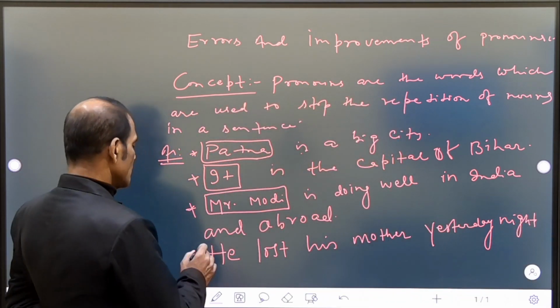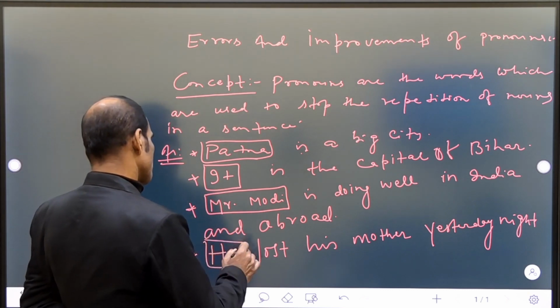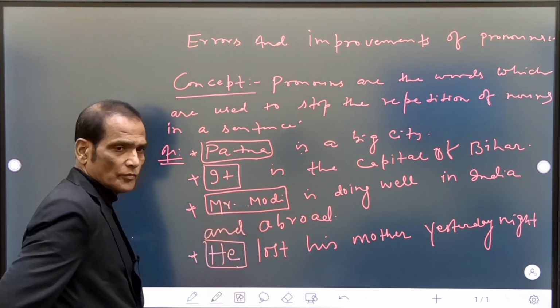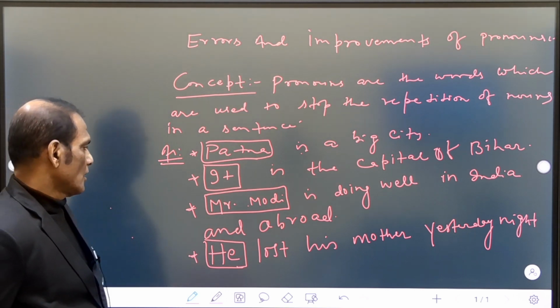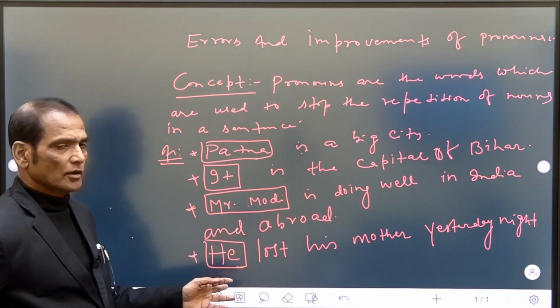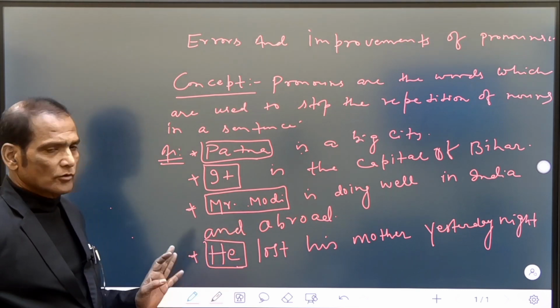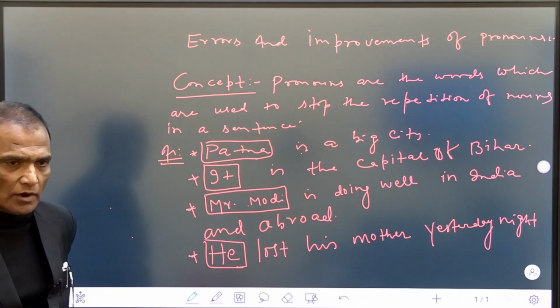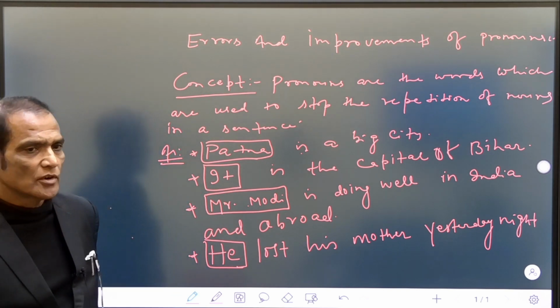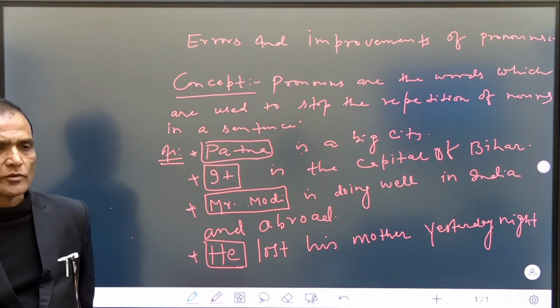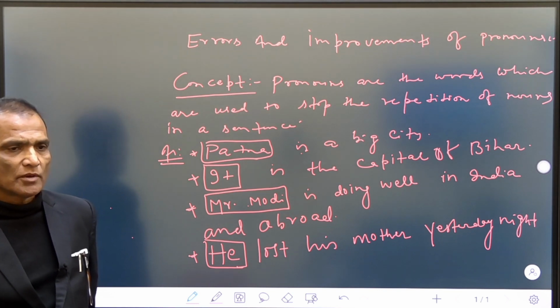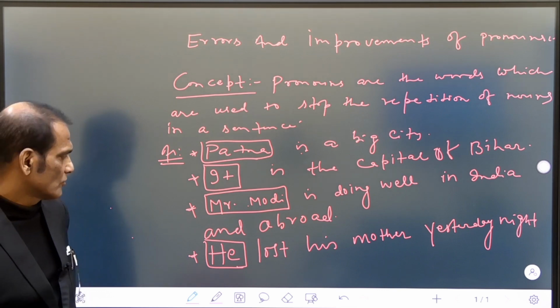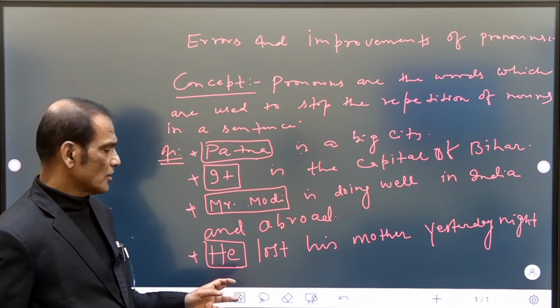I have used he in place of Mr. Modi. So Modi is a noun and he is a pronoun here. And if I use Mr. Modi again here, this will be an error. So again I am saying to you that pronouns are the words which stop repetition. I mean, they stop the error happening because of the repetition of nouns. So he is a pronoun here.